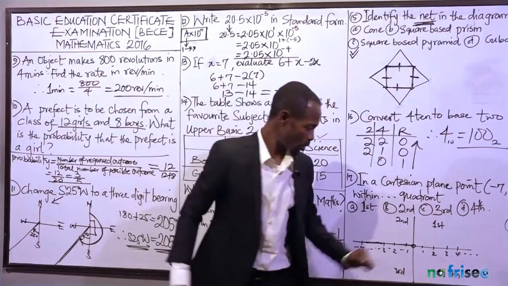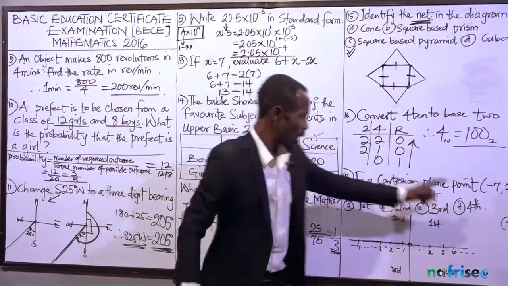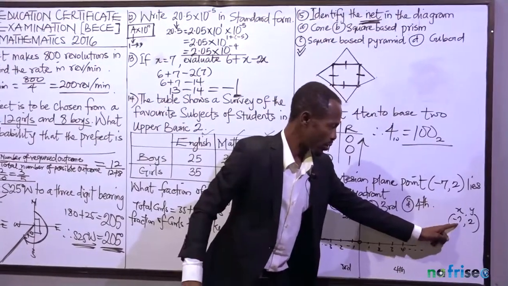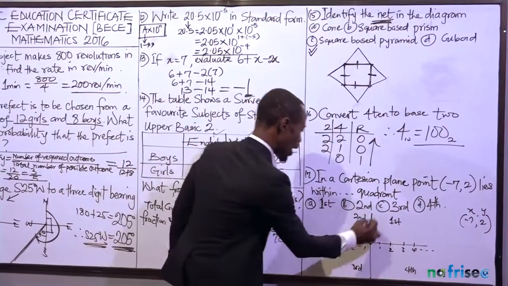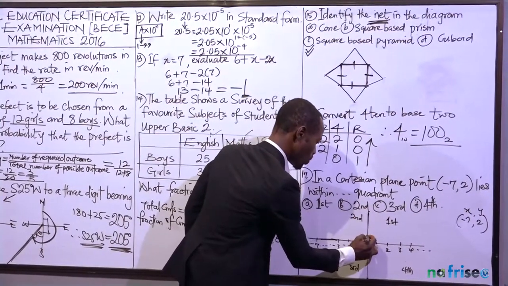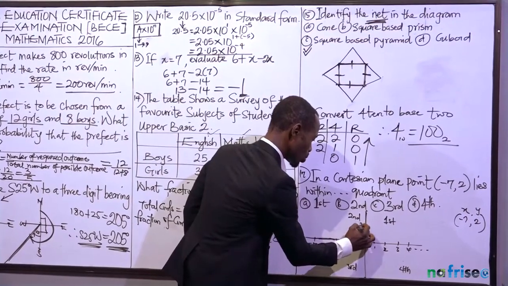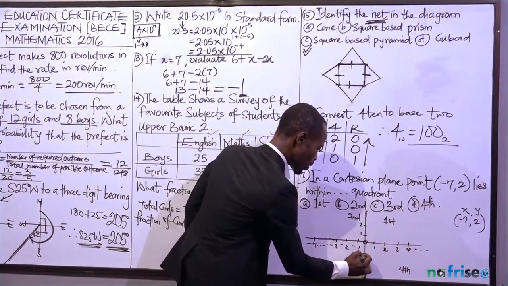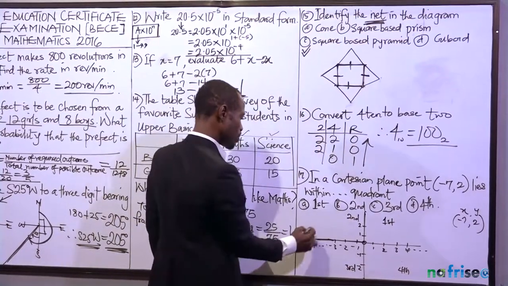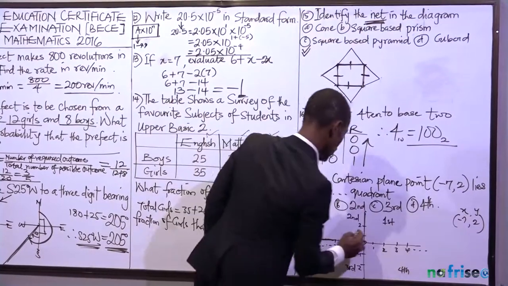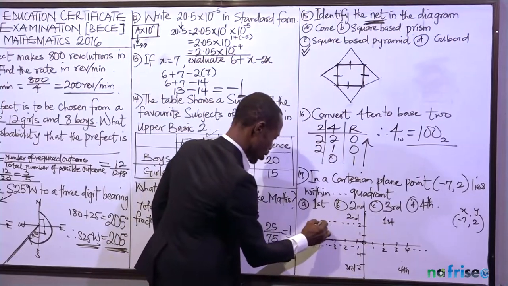Now, we return to this. The x coordinate is -7 precisely, and the y coordinate is +2. On the Cartesian plane, going up you have +1, +2, and at the bottom you have -1, -2. So if x is -7 and y is +2, you can trace it up to this point.